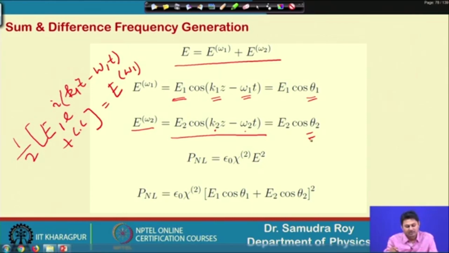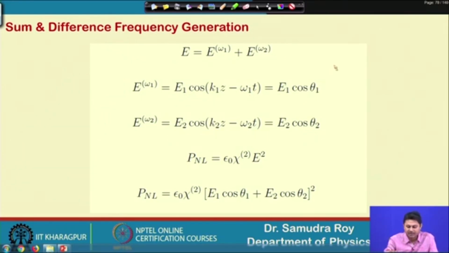To make this simple, I just replace that. According to my notation, theta i is in general k i z minus omega i t, where i belongs to 1 and 2.